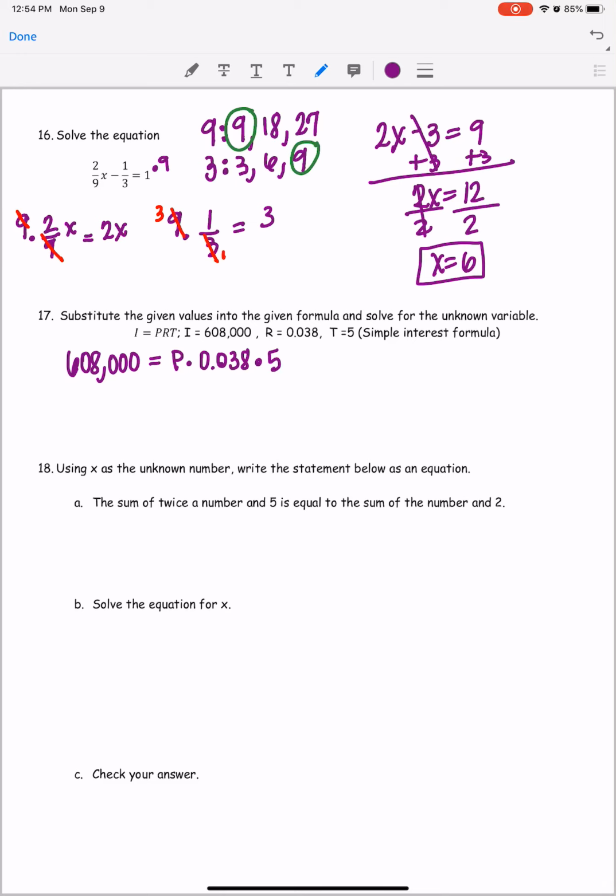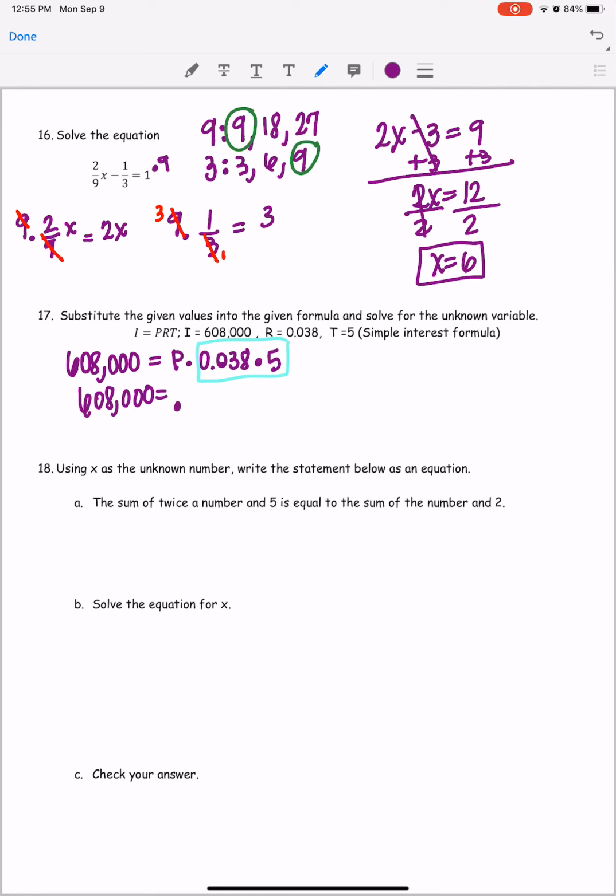So you can do this 2 different ways. You can divide these individually over, or you can divide once and multiply first. And that's what I'm going to do. So multiply these together. So I'm going to get 608,000 equals 0.038 times 5 is 0.19.